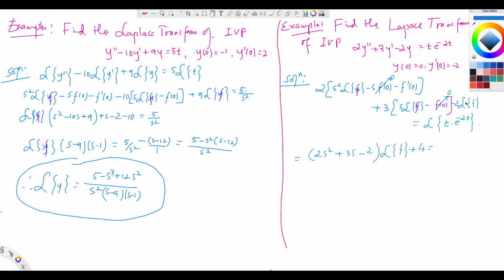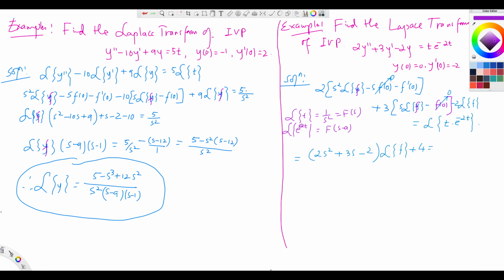Now, do you know what is the Laplace transform of t? If you remember the formula, we know that the Laplace transform of t is 1 over s squared, right? This is F of s. But if you multiply by e to the at, or ct, whatever you take, then it will be F of s minus a.